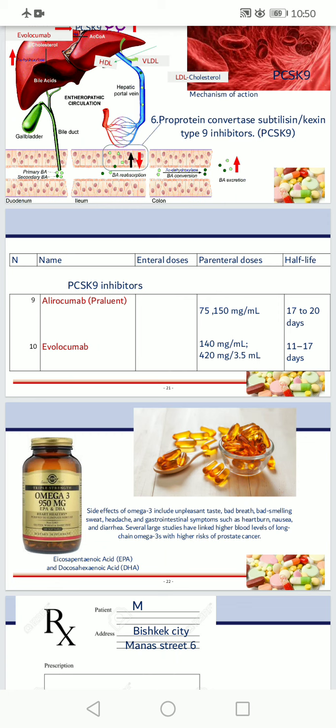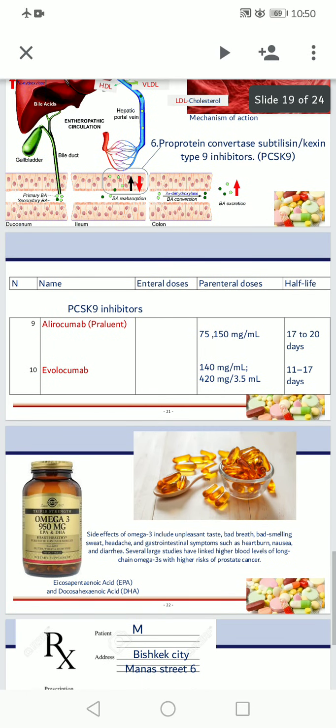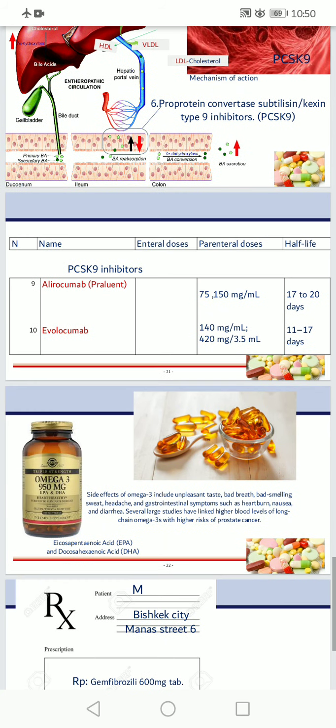You can also see the internal dose and the names in this, and I will tell the details of what they are.